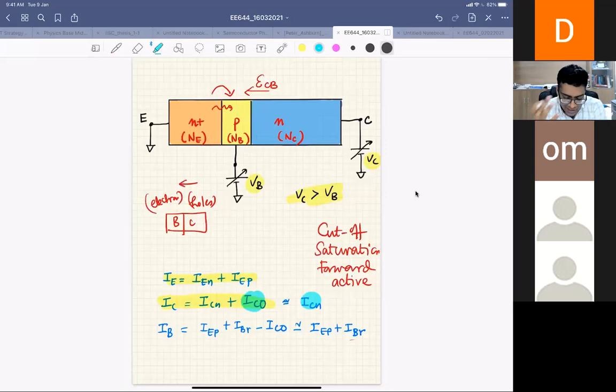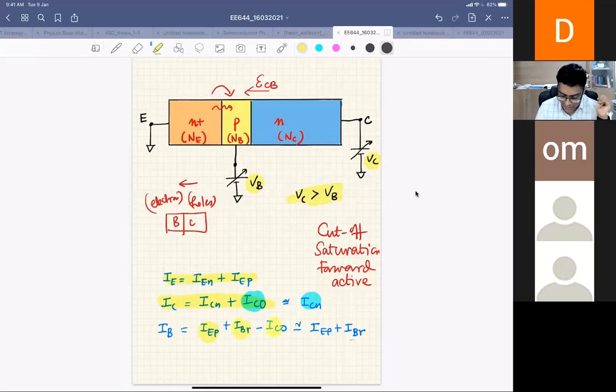Then the base current has three components, right? One is IP, since we are injecting holes from base to emitter, so that will be part of your base current. And since the electrons traveling from the emitter-base junction to the collector-base junction also get recombined, that is the recombination current IBR.